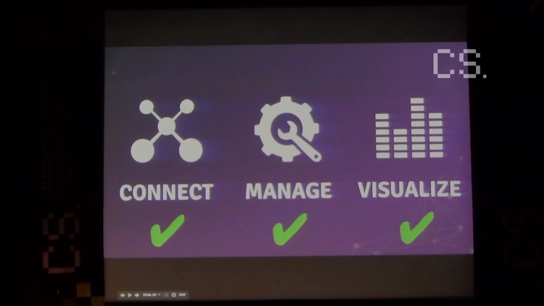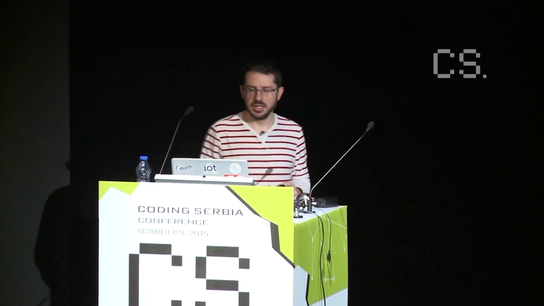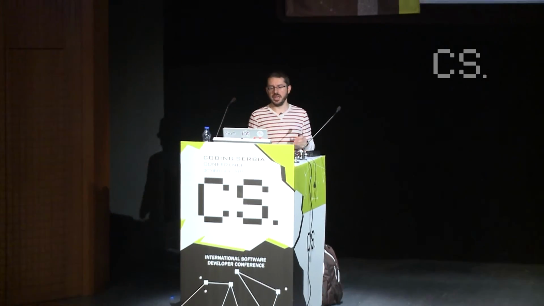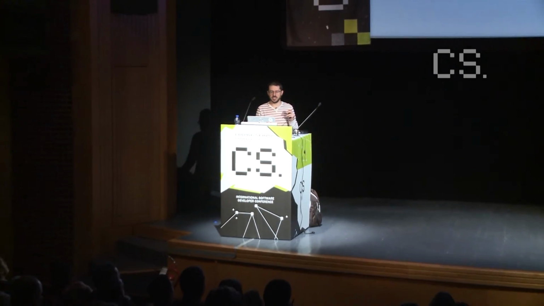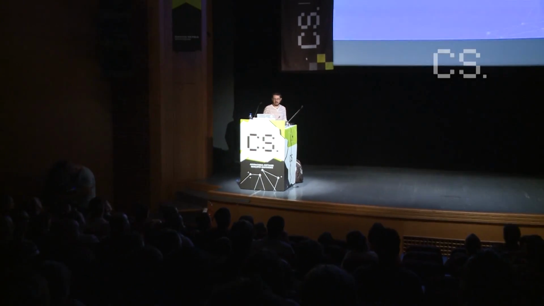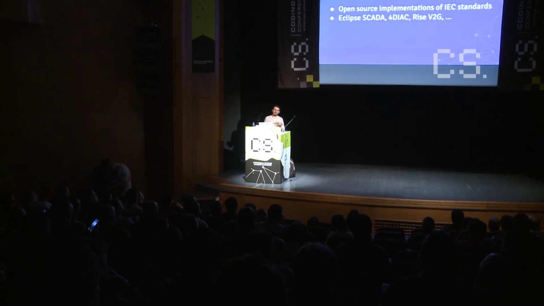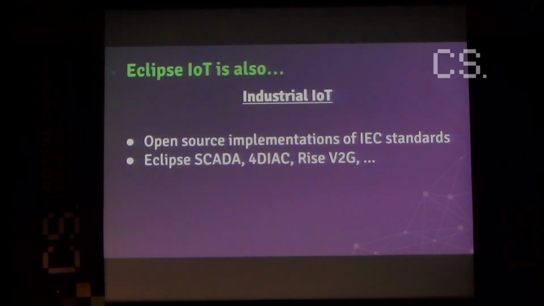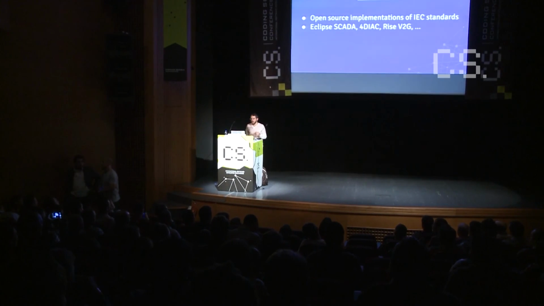As I said to some people yesterday, we now have so many projects at Eclipse IoT that it's difficult to make a 40-minute or 1-hour presentation where you cover them all. So the slides will be online. I want to make sure that you check out the other projects. If you're interested mainly in industrial IoT, industrial automation sort of stuff, we have things like Eclipse Kura, Rise V2G, which might be interesting to you.